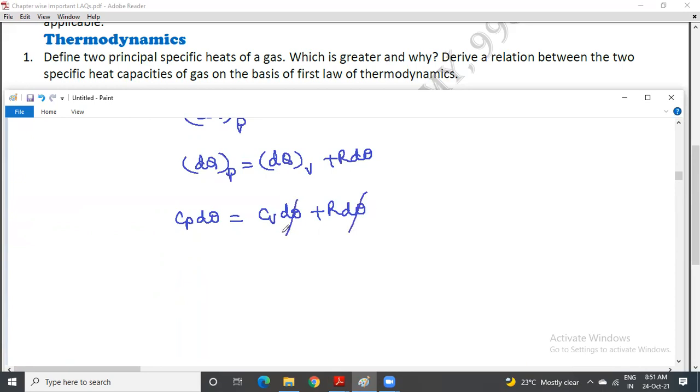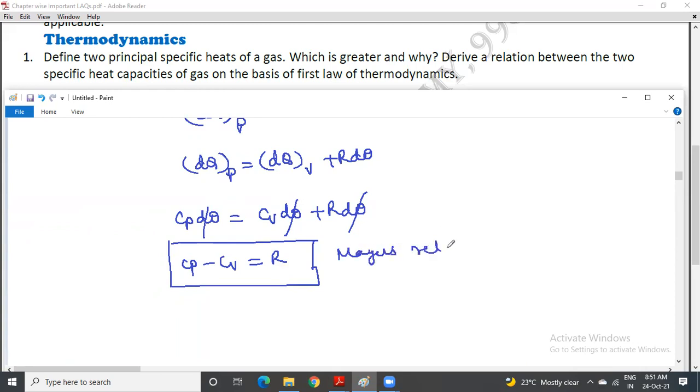You can cancel d theta, so you'll finally get Cp minus Cv is equal to R. This is the desired equation, and it is also called Mayer's relation. The question may also be given as: show that Cp minus Cv equals R.